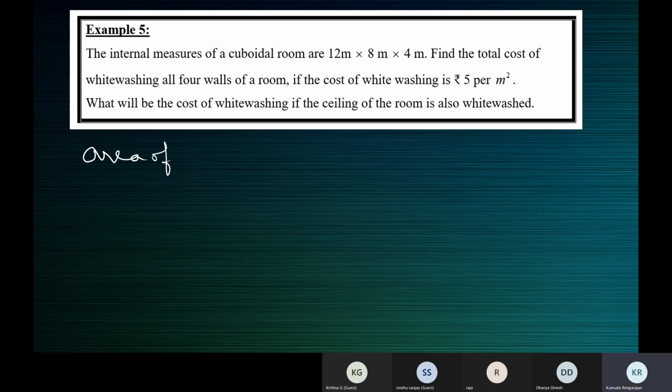Children, am I clear? Are you able to follow me? Yes, ma'am. What is the top face for a room? Length into breadth, ma'am. No. What do you call the top face in a room?